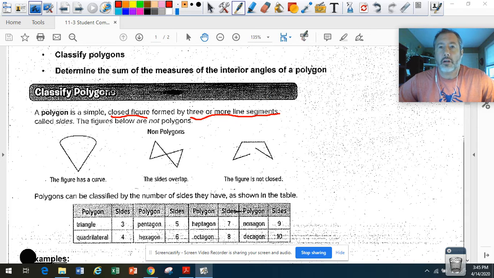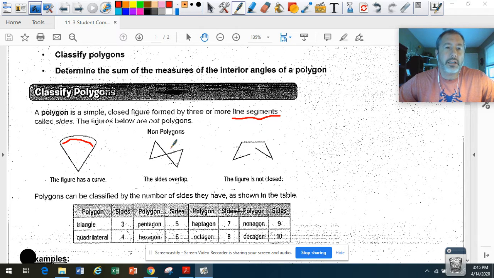So let's talk more about this. Let's see why they are not polygons. If we take a look here, this figure is not a polygon because we have a curve. And we said in the definition, a polygon must be made up of line segments. When it's curved, that's not a segment. So we would say, this is not a polygon.